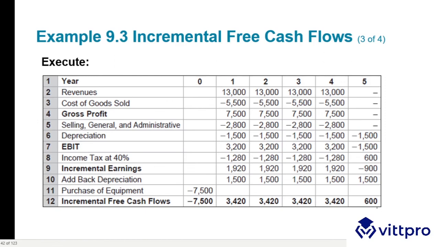So in that case you will do the same process: 13,000 divided by 365 gives you the average daily sales, multiplied by 30. So you will not be able to get 30 days worth of sales into your hands. This way, this will determine your initial working capital. And because the amount is not changing, there will be no change in the second year, third year, and fourth year.